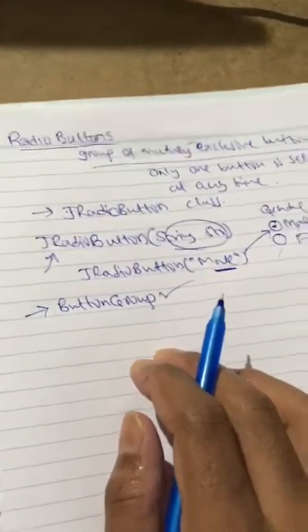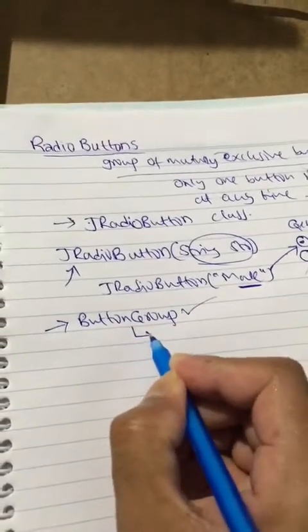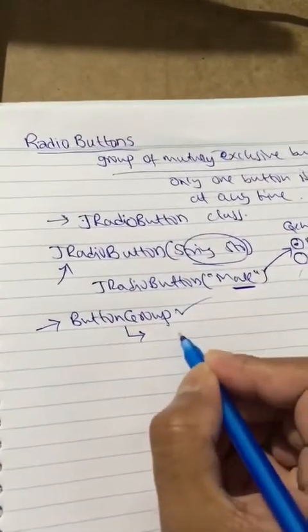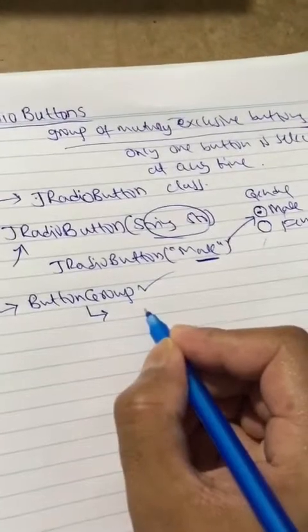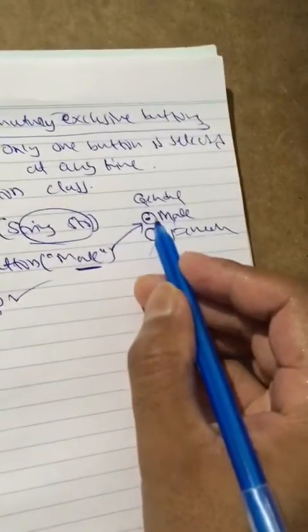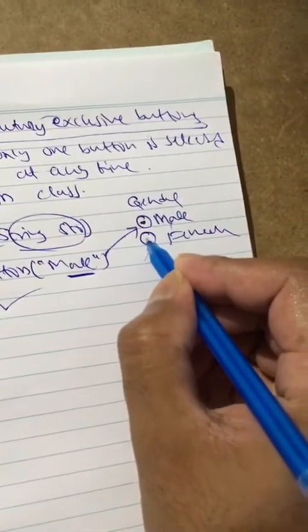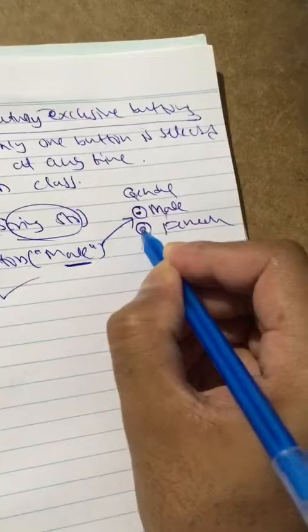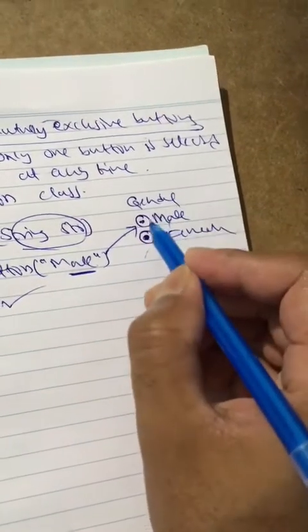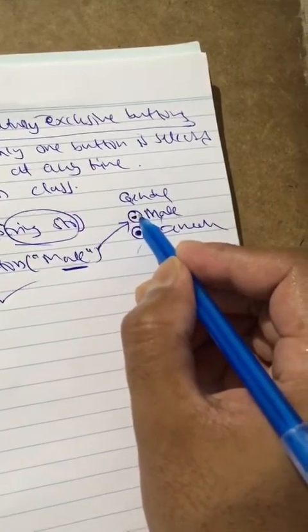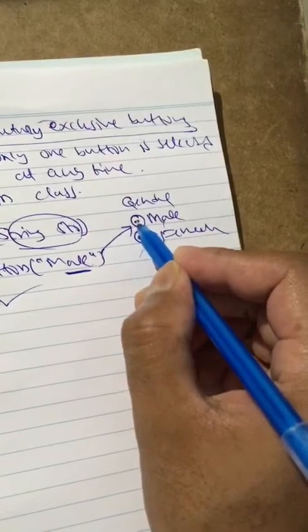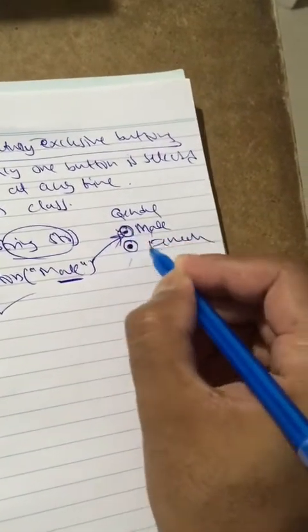The button group advantage is, for example, if we select one radio button, in this gender we selected male, and after that I move to female, means I am selecting female, then automatically the previously selected button is deselected. Male is deselected when you select female.